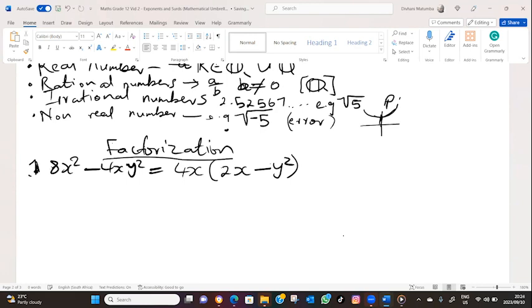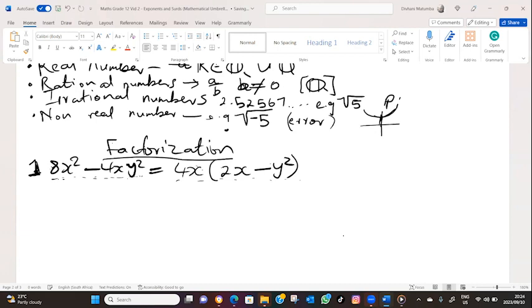So this is a sum or a difference, you can call it. This is the difference between two terms, and this expression here has two factors.